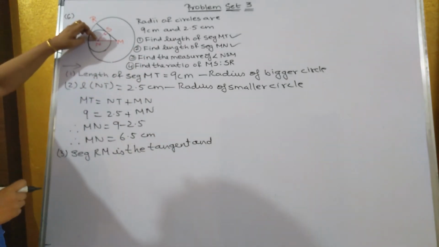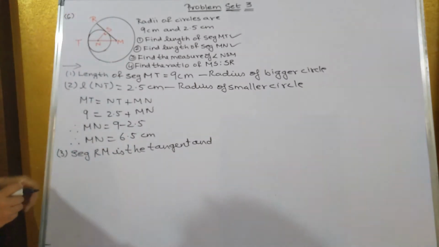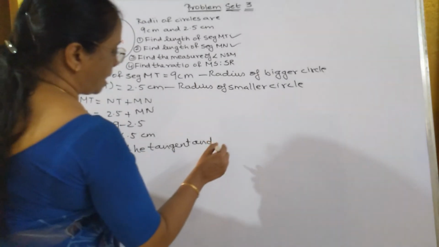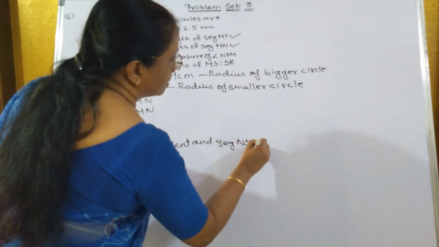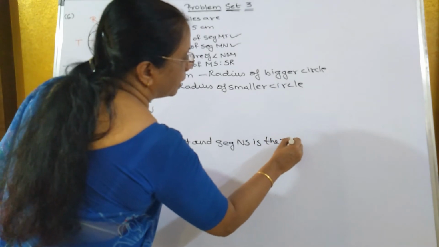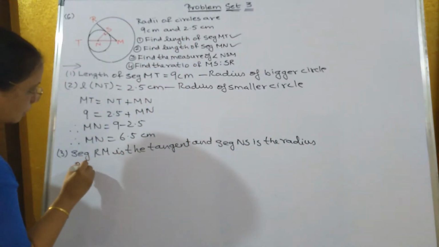N is the center and S is where it is touching the circle. So NS is the radius of the smaller circle.